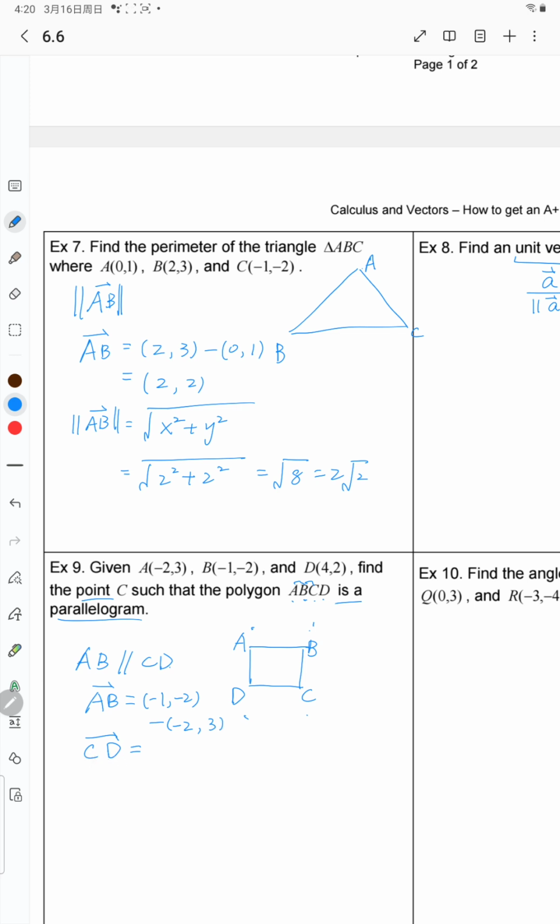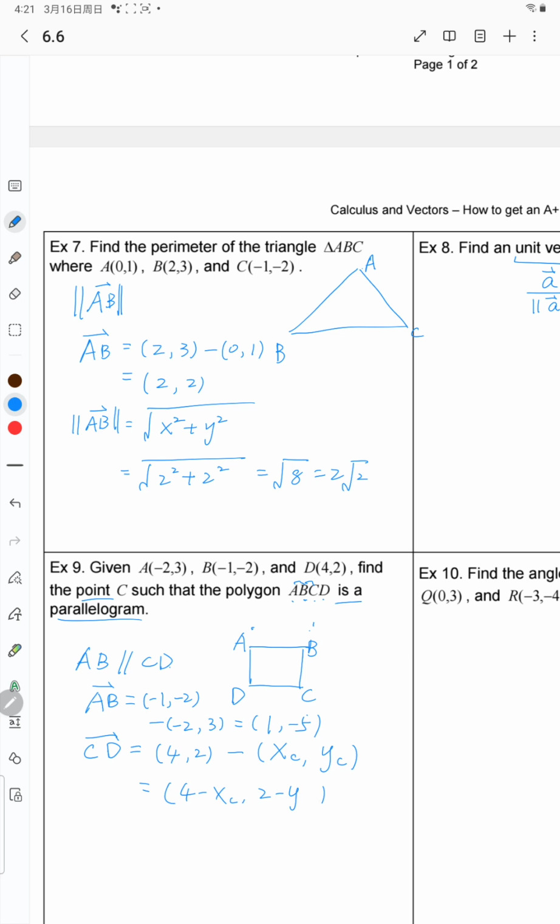And then the CD vector would be the D coordinates minus the x coordinate of C and the y coordinate of C, right? So this will be 4 minus xc, 2 minus yc. All right, and if I calculate it, AB would be (1, negative 5).